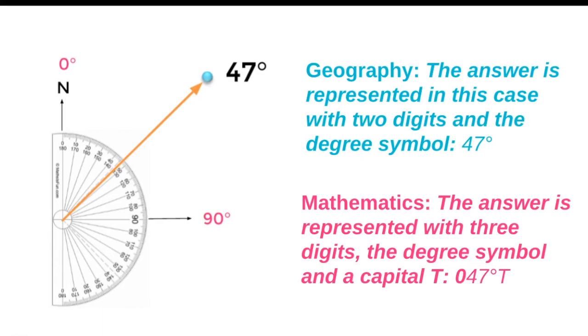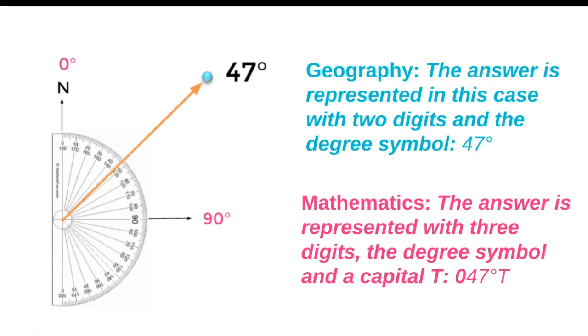Let's go back to this example. The method taken to calculate the bearing in maths is the same as the method in geography. However, in maths, the bearing is represented in 3 figures. In this example, the bearing calculated in geography is represented in 2 figures followed by the symbol for degrees, as seen in blue on your screen.